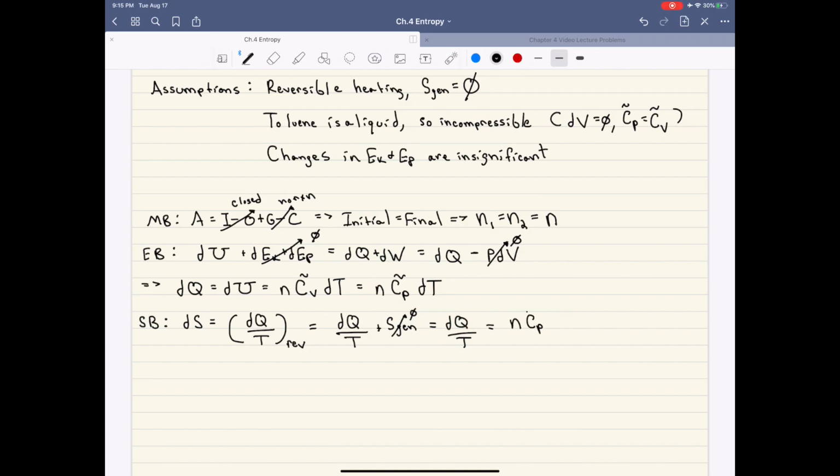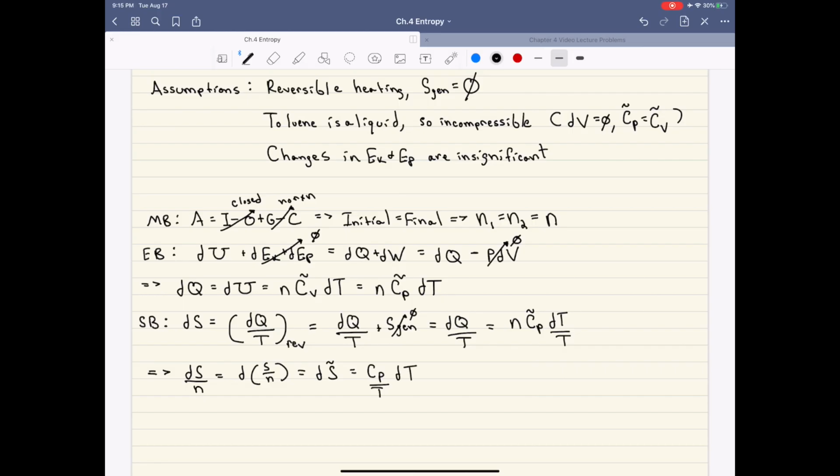n Cp dT over T. And so now what we could do is divide both sides by n. Since n is a constant, we could bring it inside the differential, and entropy divided by moles is just molar entropy, which is equal to Cp divided by T dT.